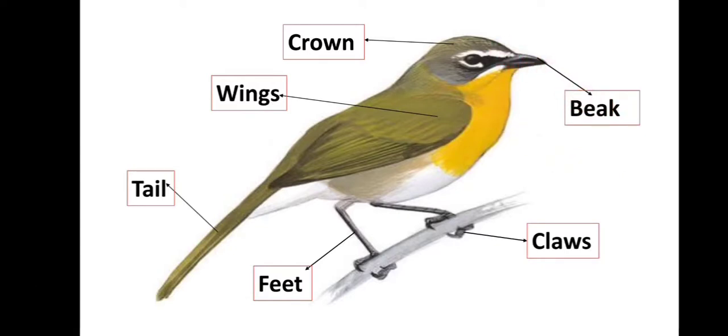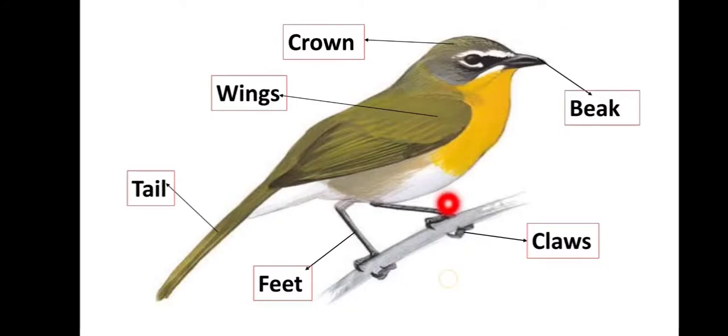We know there are no teeth and mouth for the birds, but they have a beak. This is beak. And wings. They have 2 wings. This is wings. And tail. This is tail. And they have 2 feet. And this is claw. This part is known as claws.